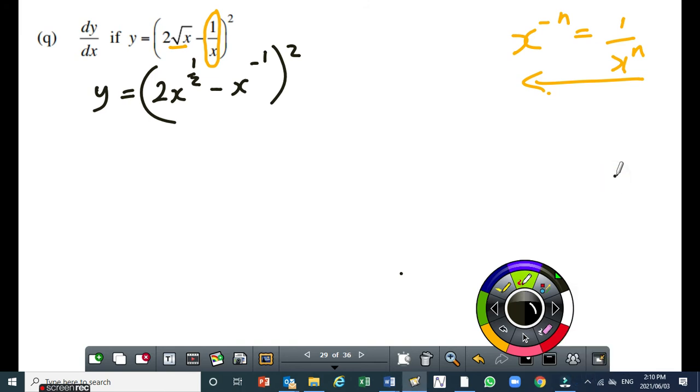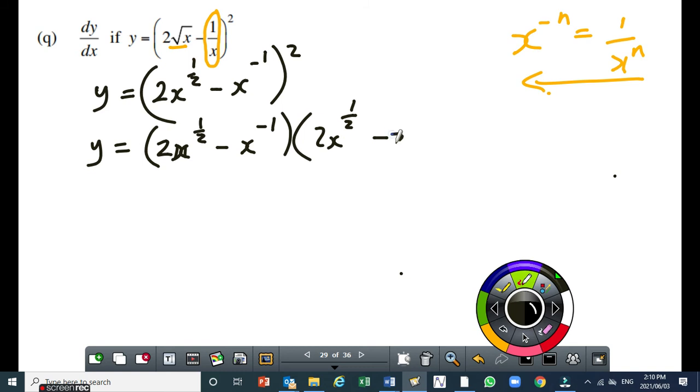Alright, so we can simplify that by using FOIL, which will be 2x to the power of a half minus x to the power of minus 1 times 2x to the power of a half minus x to the power of minus 1, like that. So if you multiply, use FOIL.